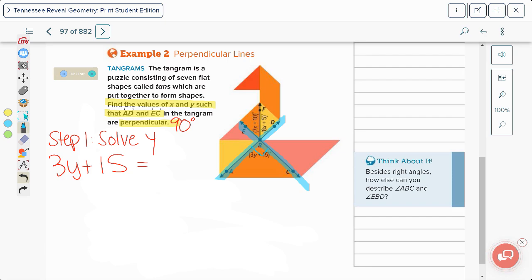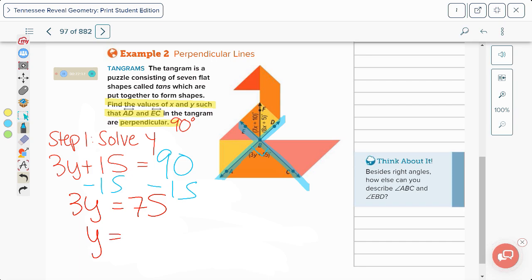So we're going to set 3y plus 15 equal to 90. And then we'll solve. If we take away 15 from both sides, that is going to be 3y equals 75. Oops. And then I want to divide by 3 on both sides to get y by itself. So y is equal to 75 divided by 3, which is 25. So step 1, done.